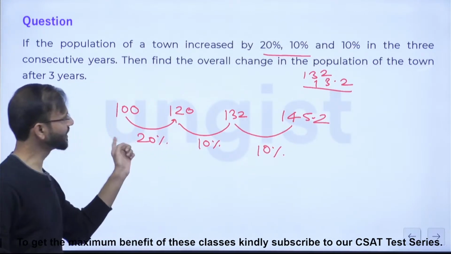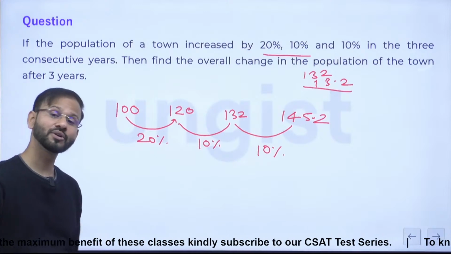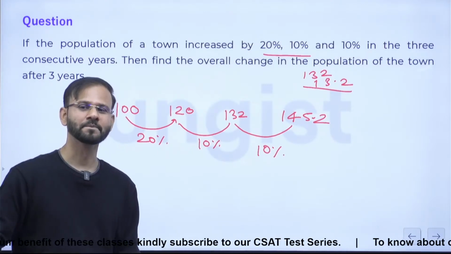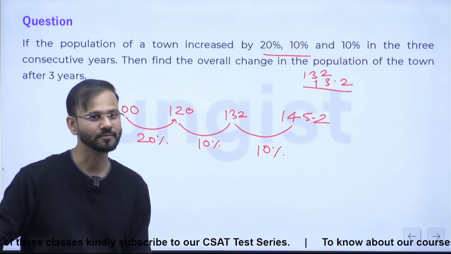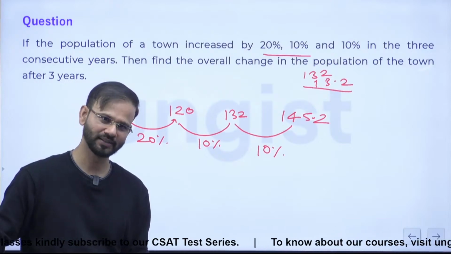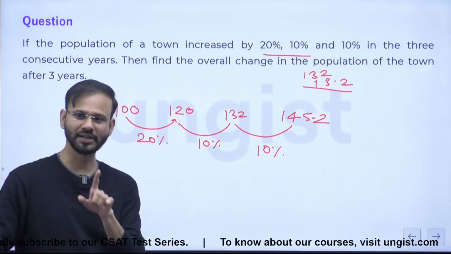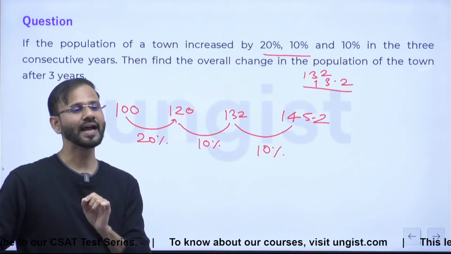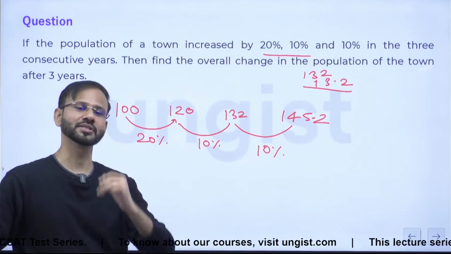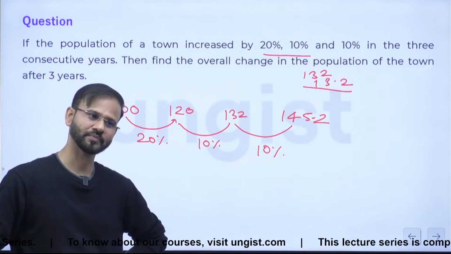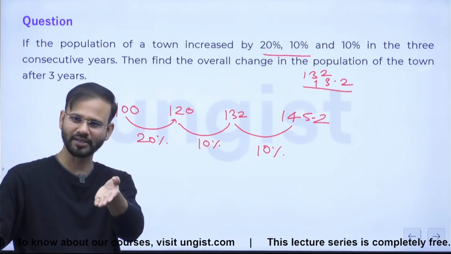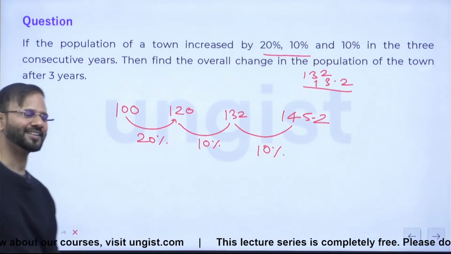Guys, this question we have solved earlier in case of cylinder, right? Where the base radius of the cylinder was increased by 10% and its height was increased by 20%. Do you remember? आप चाहें तो चेक कर लीजिए, अभी अभी आपने लिखा है, right?